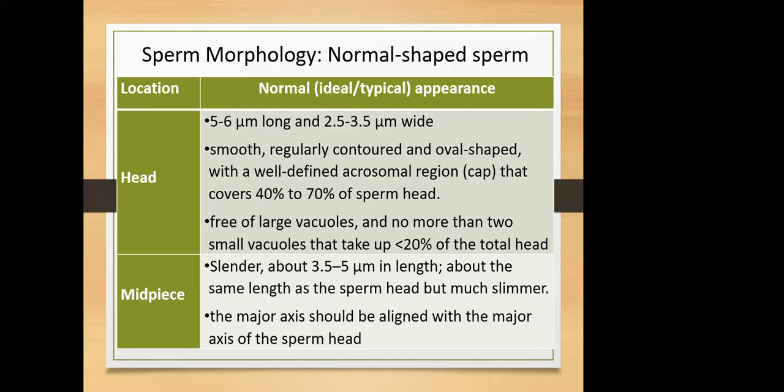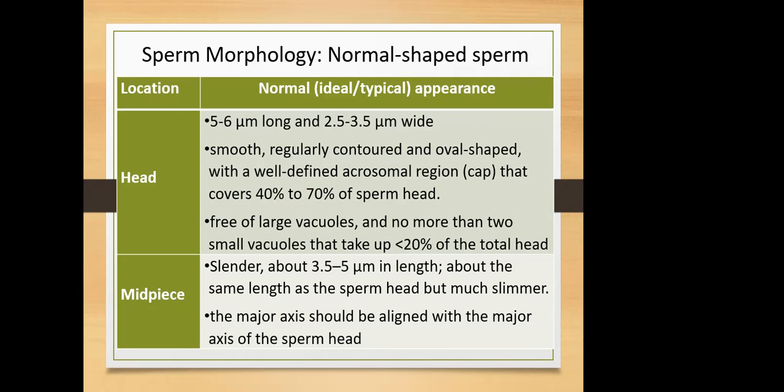If it's just about 10%, and the whole head is occupied by, let's say, the nucleus, then that could also be problematic. All right. So the acrosomal region, and for that matter the cap, should be between 40 to 70% of the sperm head.